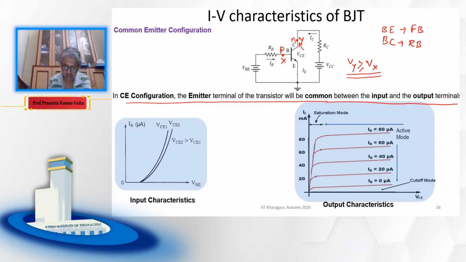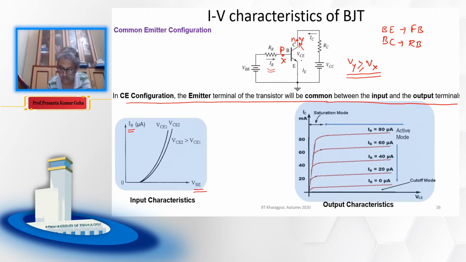Now let's discuss the input characteristics and output characteristics of this particular configuration. Here we are plotting IB versus VBE. IB is the input current and VBE is the base emitter voltage. Here also this will be an exponential plot, because this PN junction is forward biased. I have plotted this for two values of VCE, or two values of Vy.